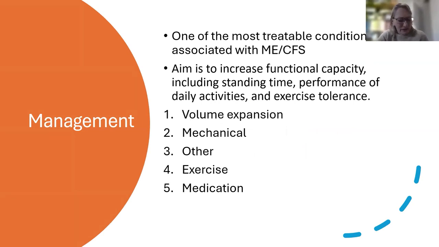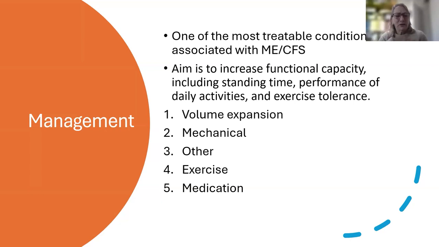So the good news about orthostatic intolerance is it's one of the most treatable conditions associated with MECFS, and there are lots of things you can do. It's not a cure, but everything that you can do can help to improve management. And what you're trying to aim for is to get better function, and that's to be able to stand more, to be able to do more, and to increase your exercise tolerance a little bit as well.